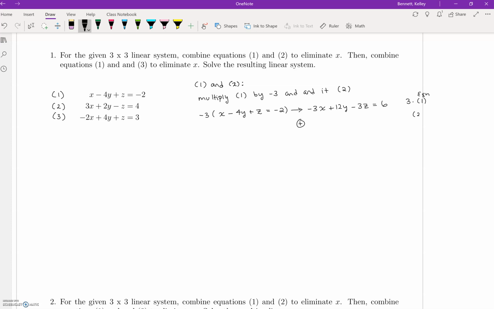And then I'm going to add that to equation 2. So equation 2 is 3x plus 2y minus z equals 4. And so I just add it term by term. So I'm going to get 0x, which is what we wanted, 14y minus 4z, and that's going to equal 10.